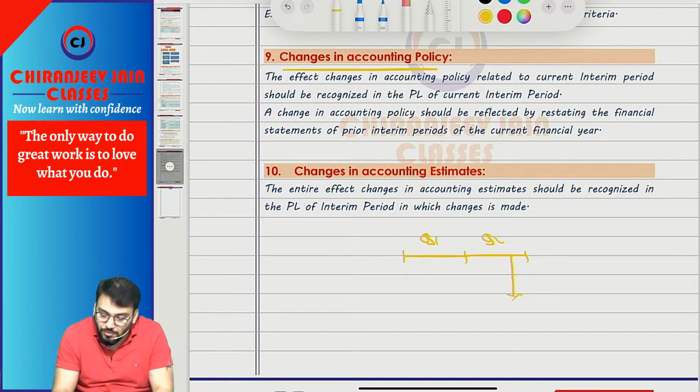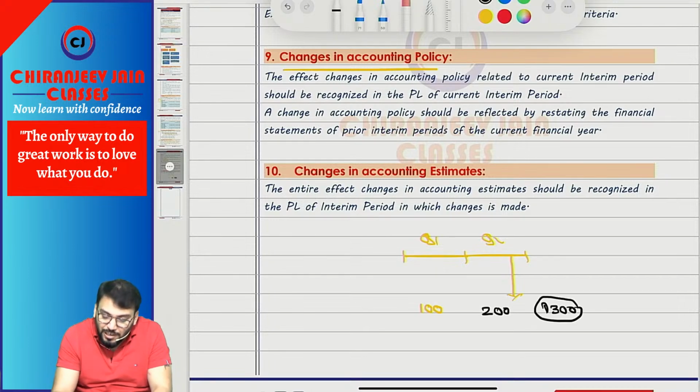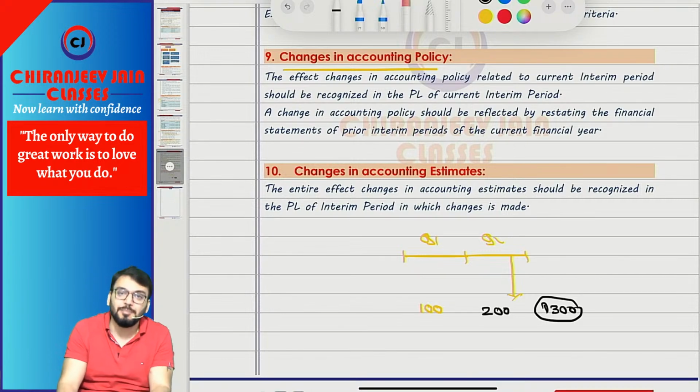Because of that change, quarter 1 expense increases by 100 and quarter 2 expense increases by 200. So what is the total expense? 300. But only the 200 should be recognized in quarter 2, because we do retrospective accounting.